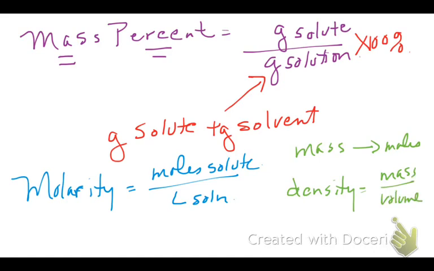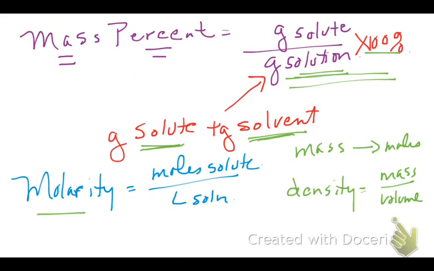All right? So in this particular unit or topic, it's important to remember the definitions. Mass percent, grams of solute over grams of solution. Remember what that solution is made up of, solute and solvent. So the mass of the solution is going to be the grams of the solute plus the grams of the solvent. And it's a percent, so it's times 100.